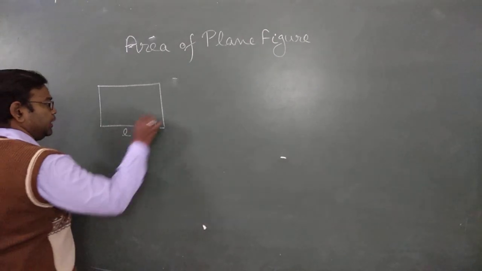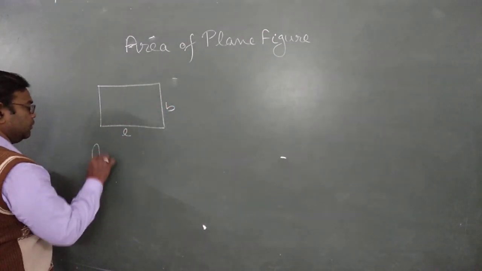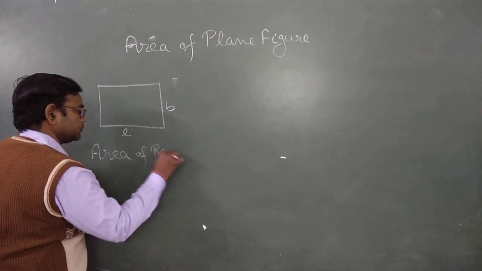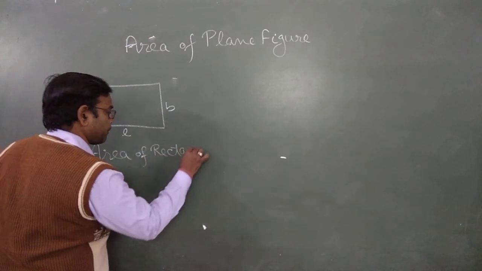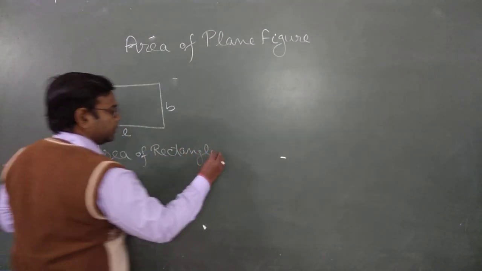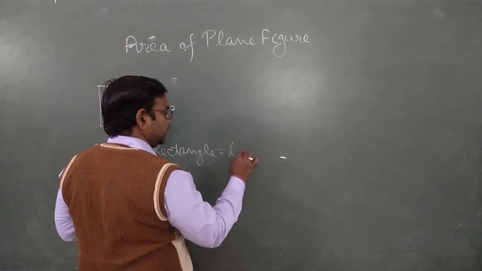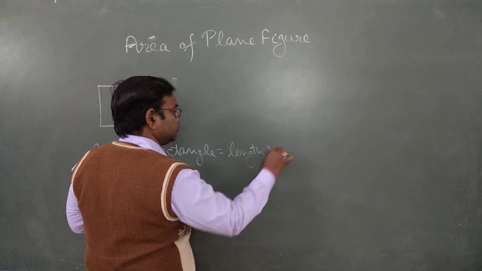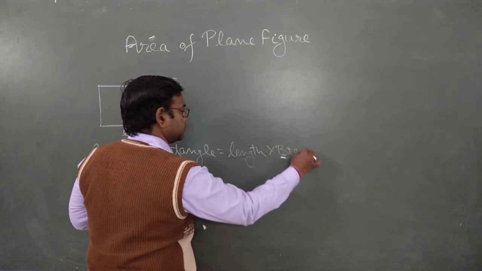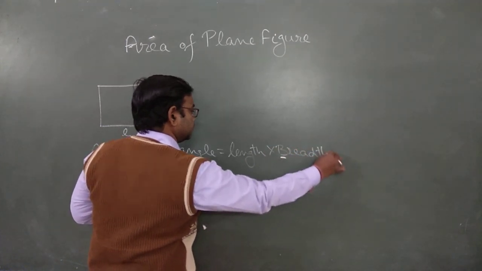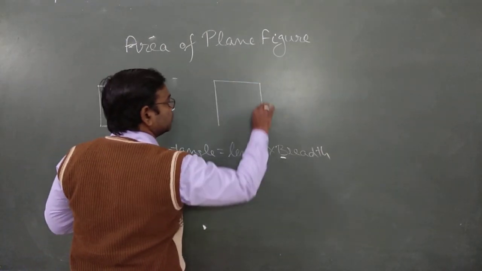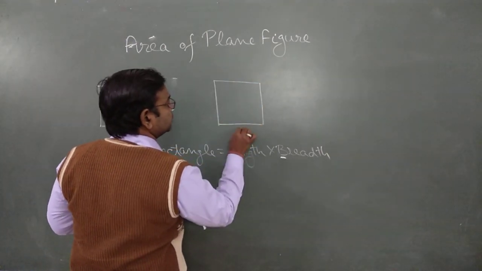Here we have L, here you have B. So the area of a rectangle, you must learn the formula, equals length L into breadth B. Then, as you know, in a square all sides are equal to each other.